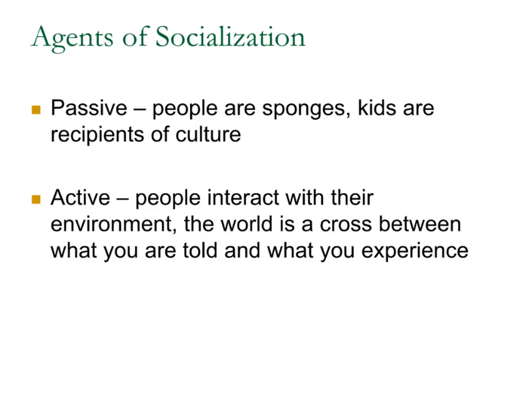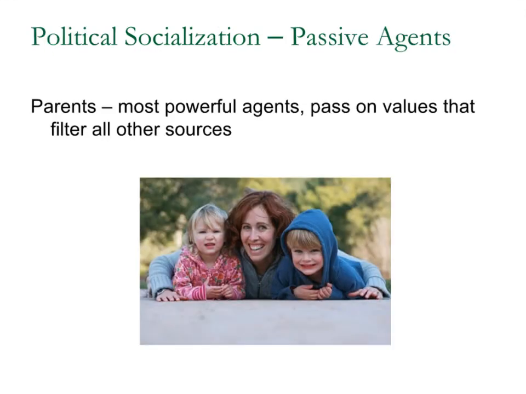So we will now look at different agents of socialization within both of these models. We'll look at the passive agents first. The first agent of socialization, the first passive agent, is parents.